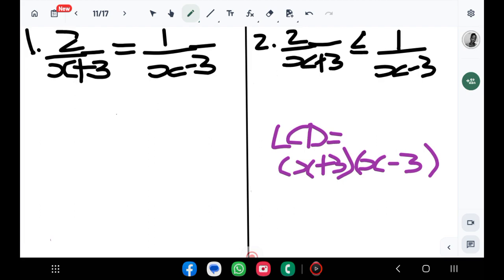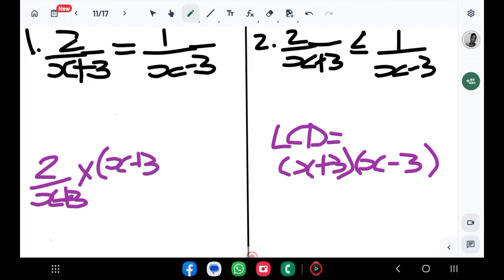So you take this lowest common denominator and you multiply each of the fractions with it. So you go 2 over x plus 3 multiplied by the lowest common denominator, which is x plus 3 times x minus 3.